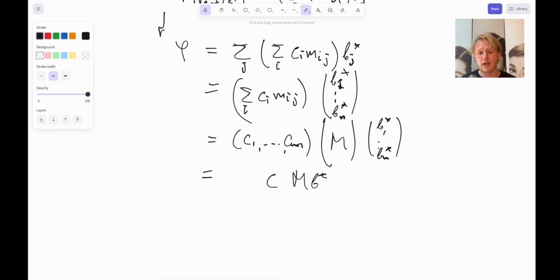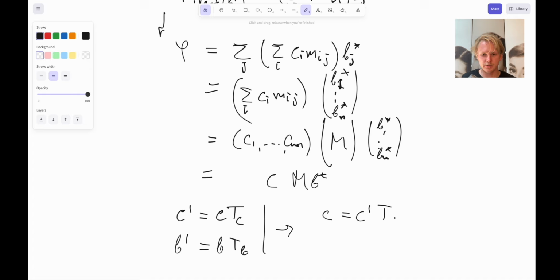So whenever you want to write a new basis, you say that the new basis C prime is C times Tc, and B prime is B times Tb. Then if we write this way, C is C prime times Tc inverse, B is B prime Tb inverse.